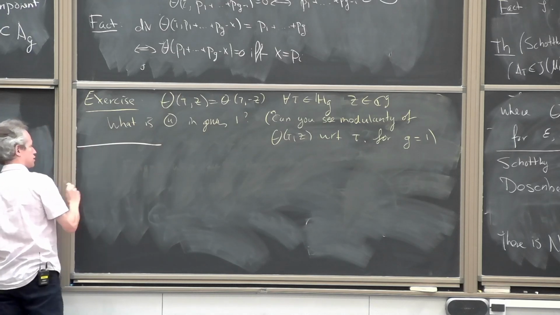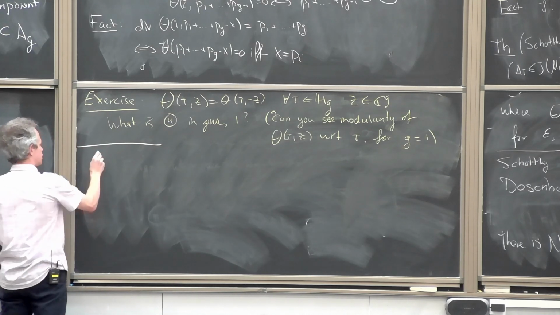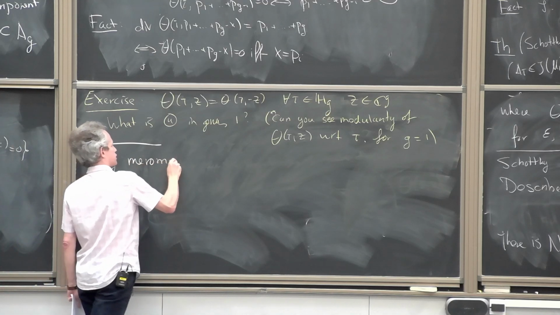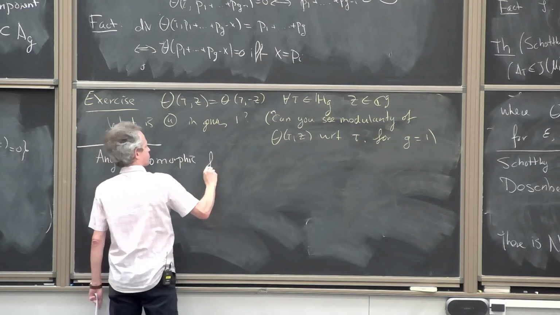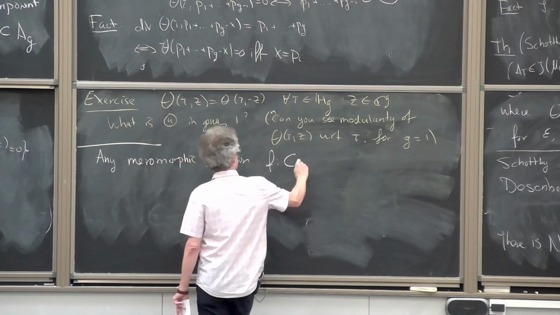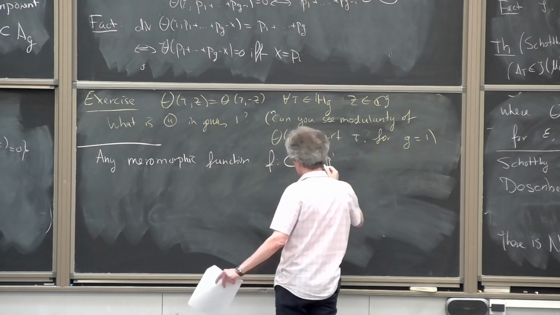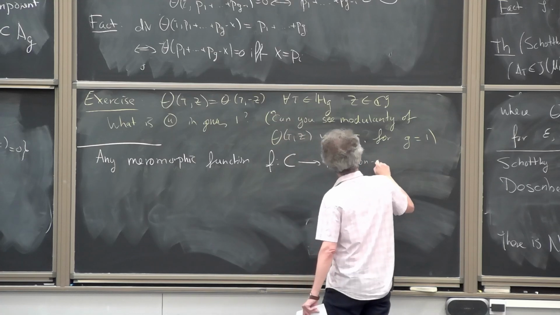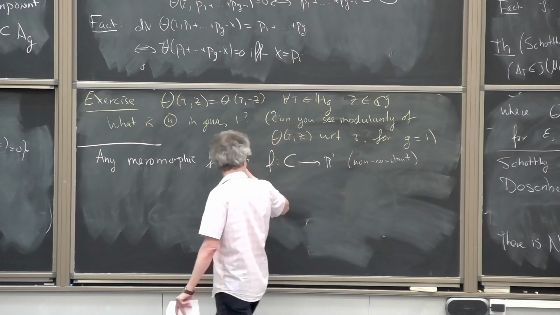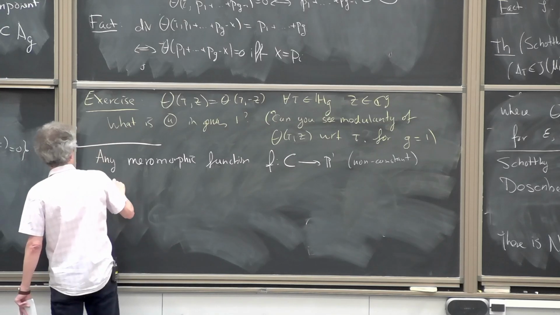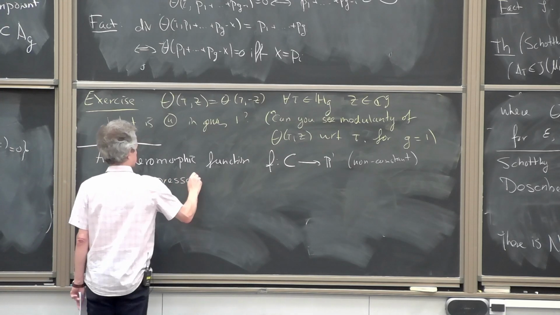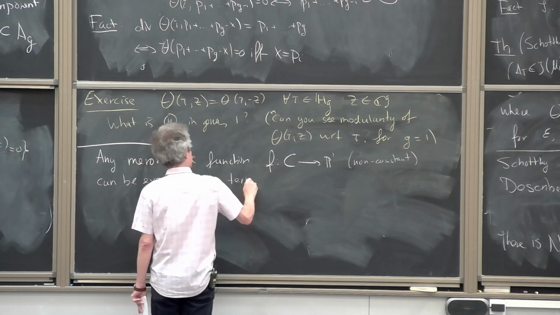Okay. Now, the last thing I want to say today is that any meromorphic function f from C to P1, non-constant, no, I mean constant is of course fine, but I don't want to do this, can be expressed in terms of theta functions.